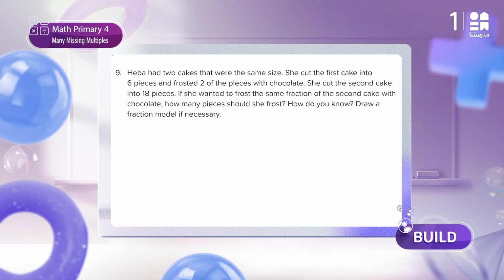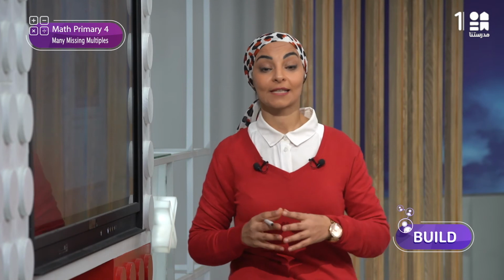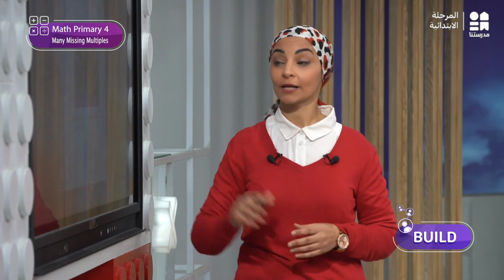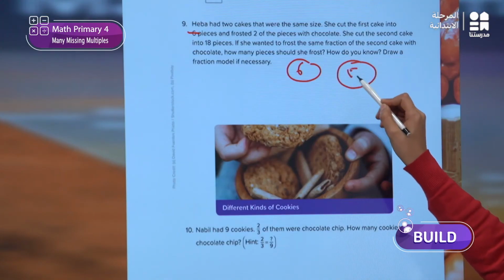وكمان عملت decoration ل 2 pieces of this cake with chocolate. طيب وقطعت ال second one, she cut the second one into 18 pieces.